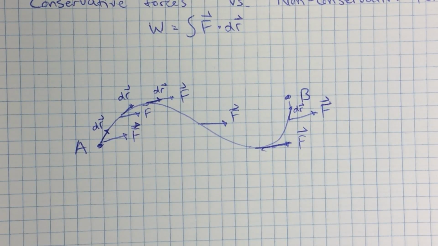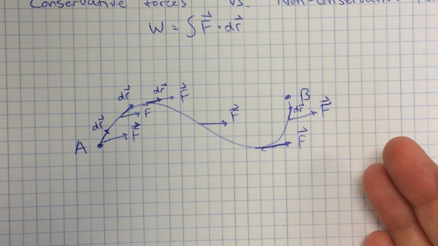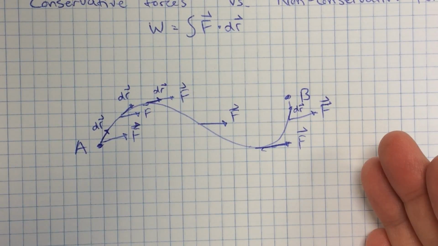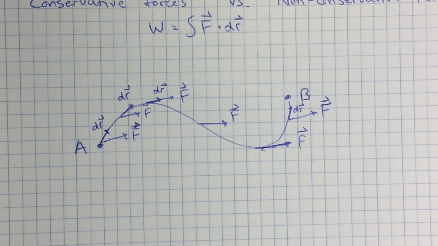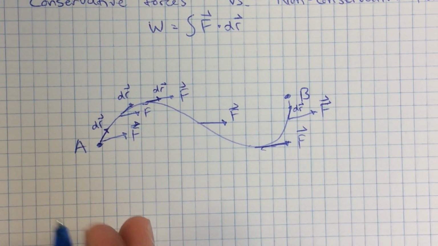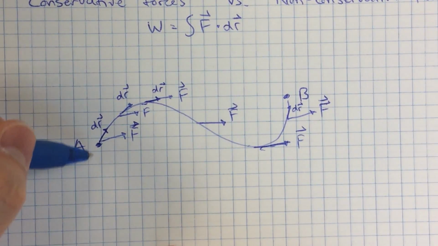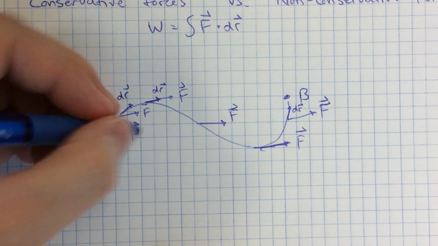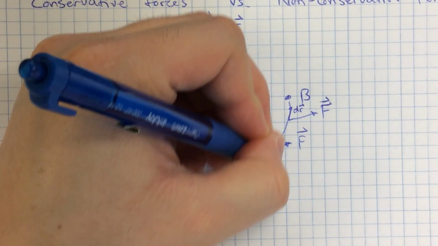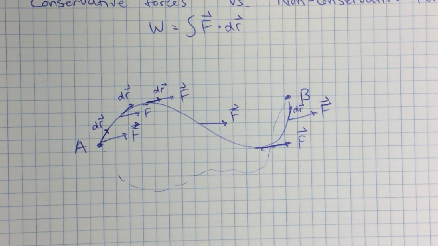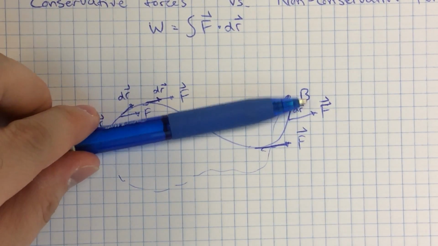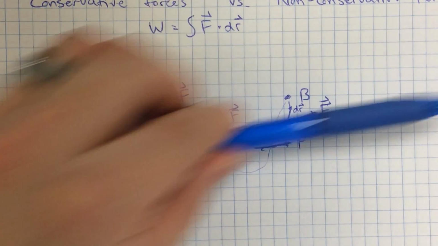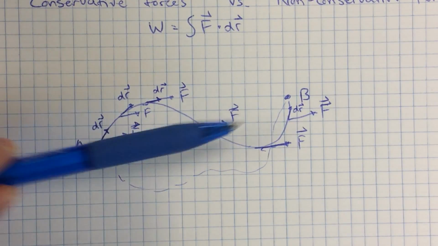One thing that you'll find about a conservative force is that the work done by it only depends on where it started and where it ends. It doesn't matter if it went like this, or maybe like this. If you look at how we would add it all up, the force is always pushing to the right.